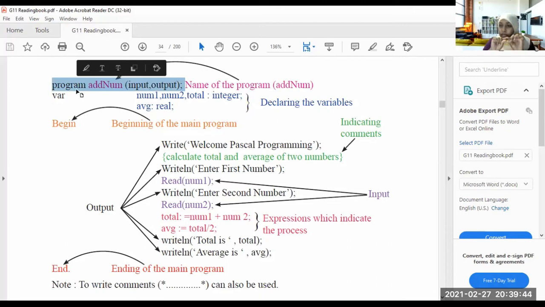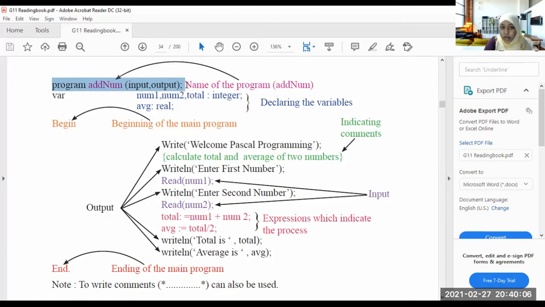Now understood what the first row is. In every Pascal program, when you are starting, you will write something like this. It is considered like a heading. So the program is add num, there are input and output, semicolon means finished.